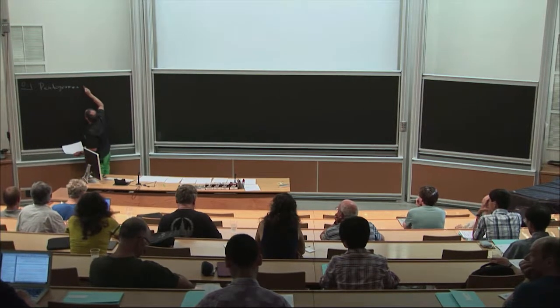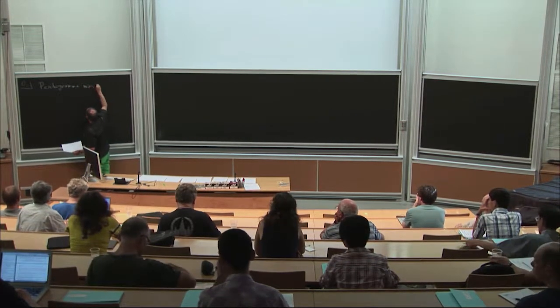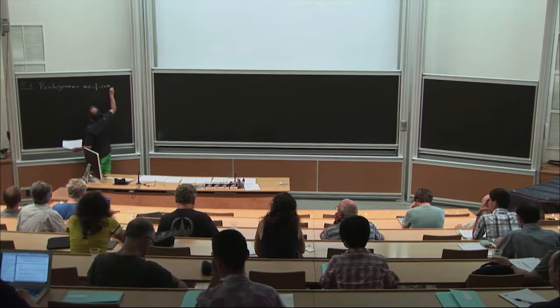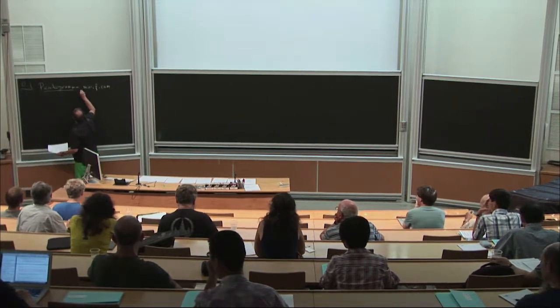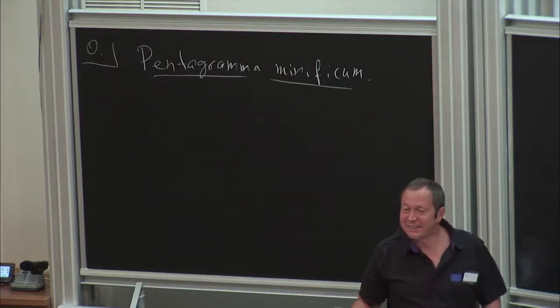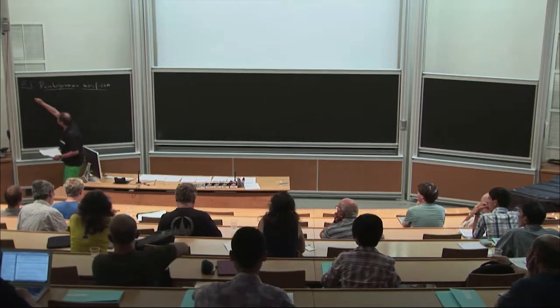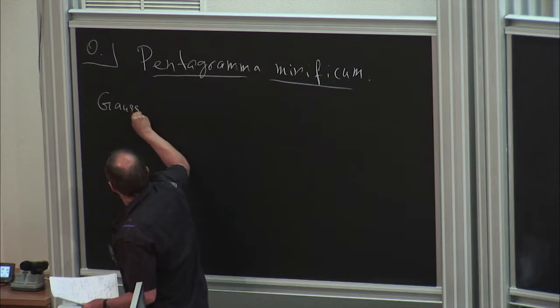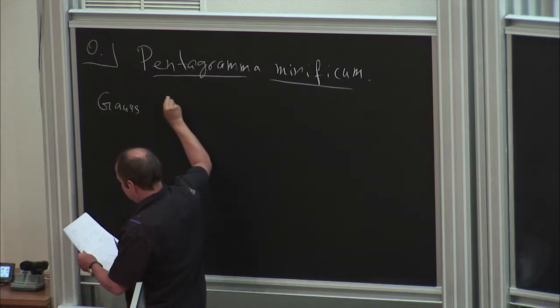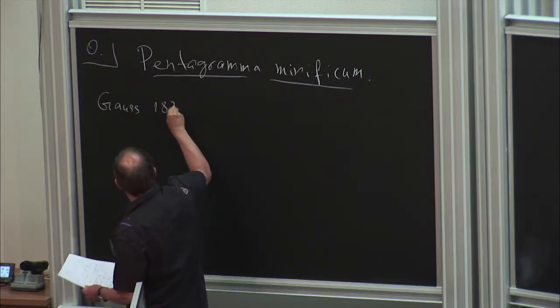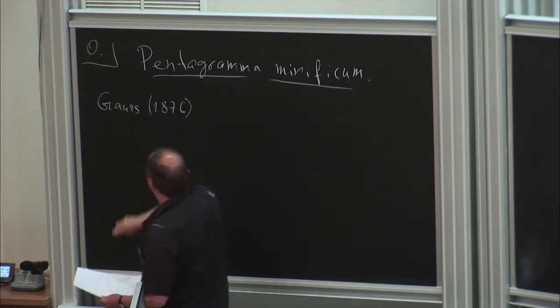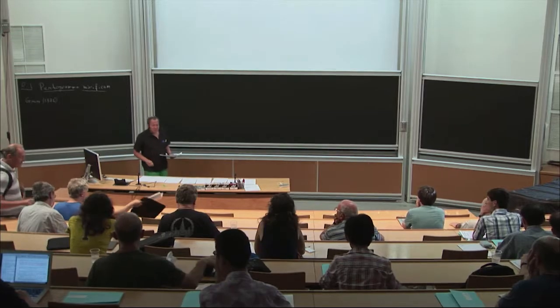pentagramma mirificum. And this is the name that Carl Friedrich Gauss used in 1876 to describe the following picture.